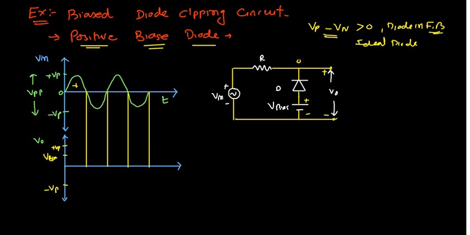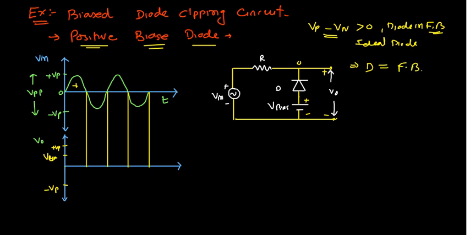Now here what will happen, you see, when it is 0, already some positive supply is available here. At this point, some positive supply is already available, but over here it is 0. So at the cathode terminal it is a lesser value, at the anode terminal it is a higher value. So what will happen? Initially this diode D is forward biased.